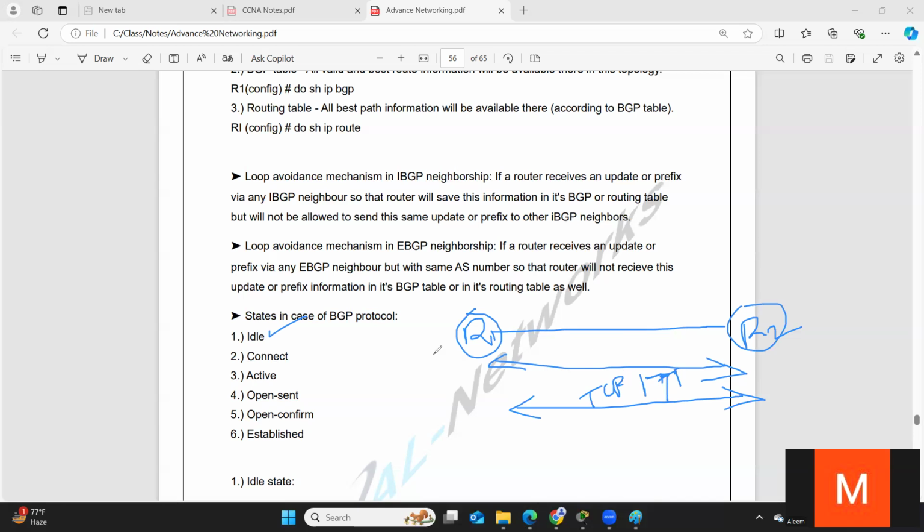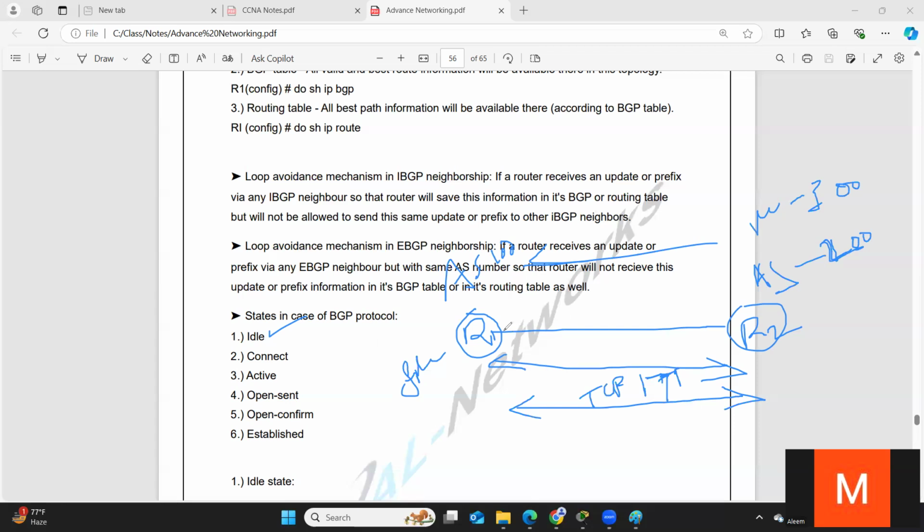If the three-way handshake fails, for example because of an AS number mismatch, where you plan to configure 200 here and 100 there, but you configure the remote AS as 300 instead of 100, the AS is mismatched and the BGP neighborship will not be established.